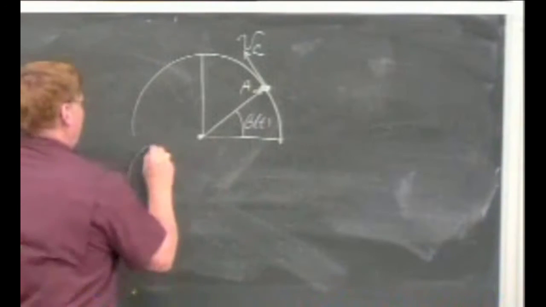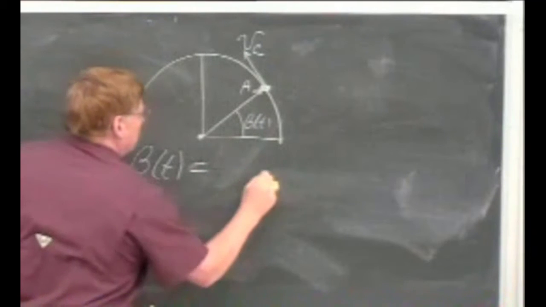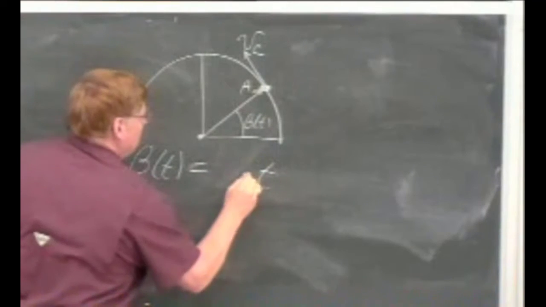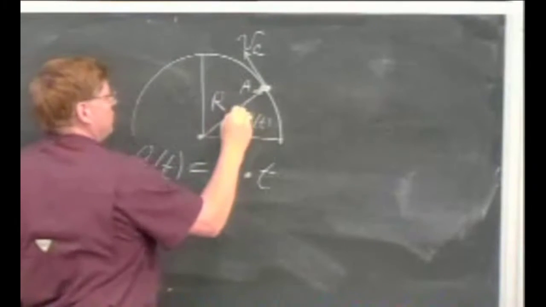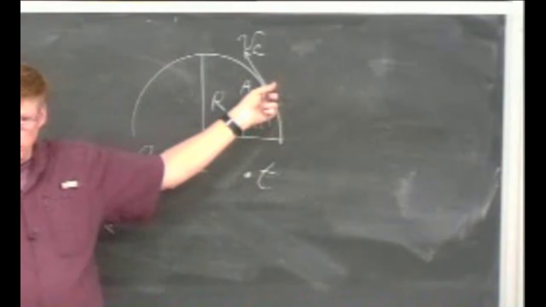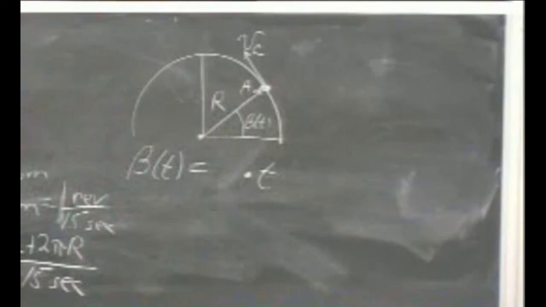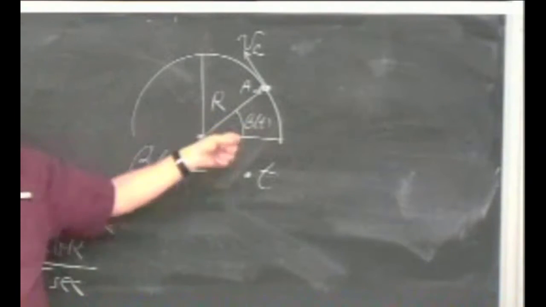So I need to get beta of t equal to something that involves that velocity. Its radius is r. So if you know the tangent velocity, vc, that you figure out here, what is beta t?